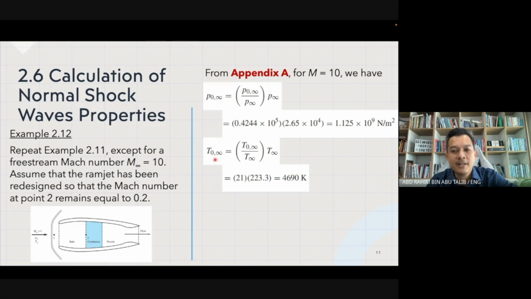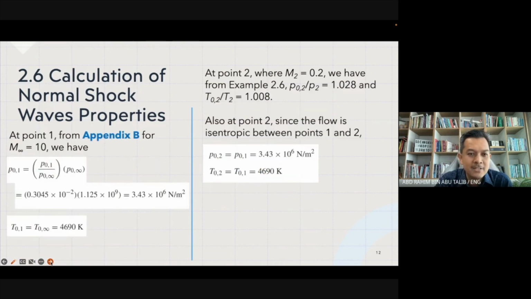Then the T naught infinity: you can get the value from Appendix A at Mach number 10, the temperature ratio, and you will then get the temperature to be 4,690, which is very high. Very high pressure, very high temperature at the same time.